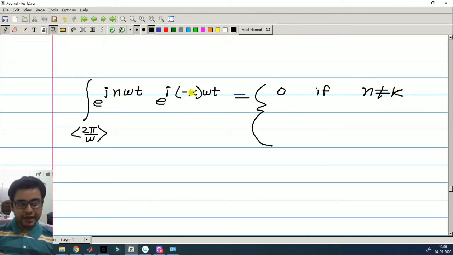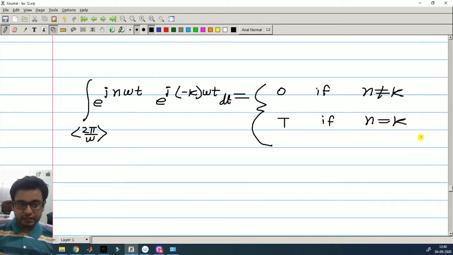And if n and k are equal, then they will cancel each other. We will have integration of 1, that means it will be equal to T if n is equal to k.